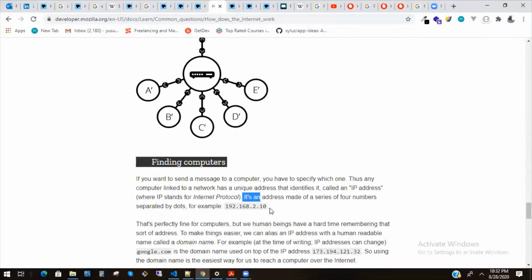It's unique to you. Every device has what we call a MAC address, a media access address, a particular number that is attached to every device.